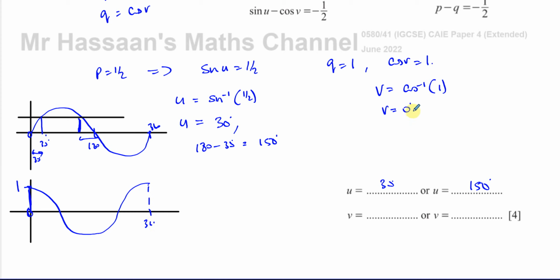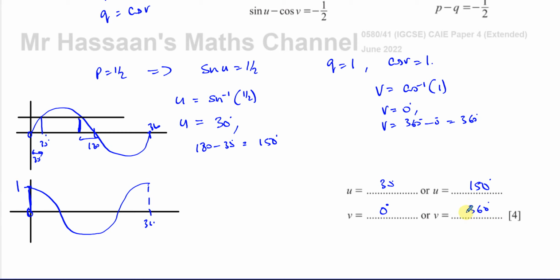The general rule to find the other angle for cosine is 360 minus the principal angle, which is going to be 360. So it's 0 degrees and 360 degrees for v.